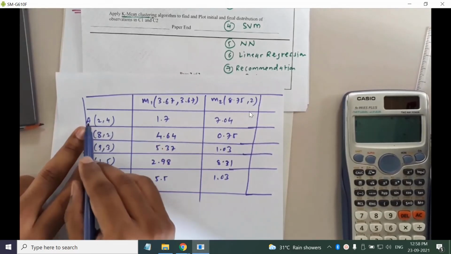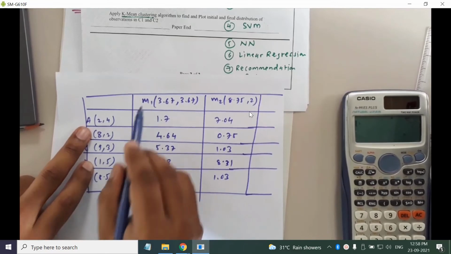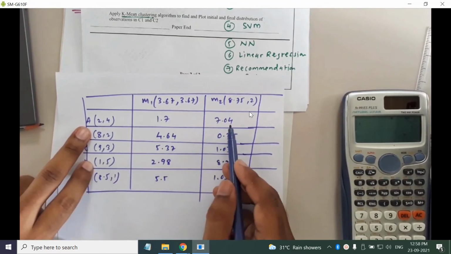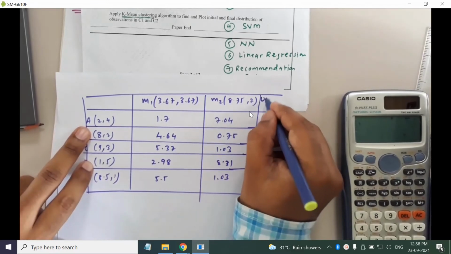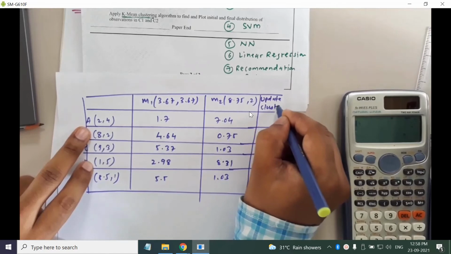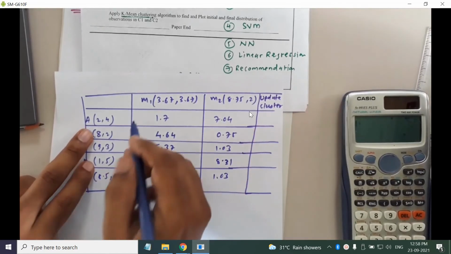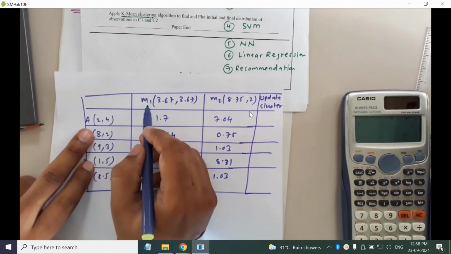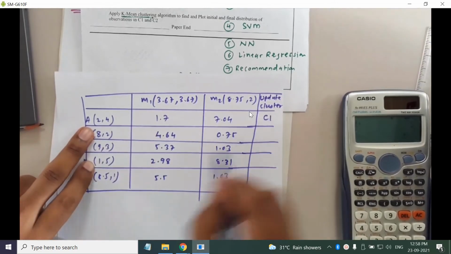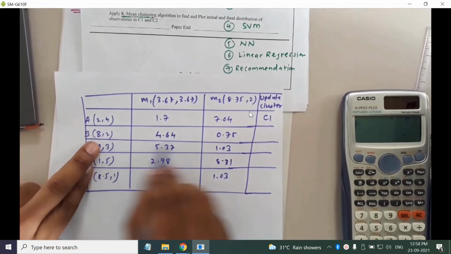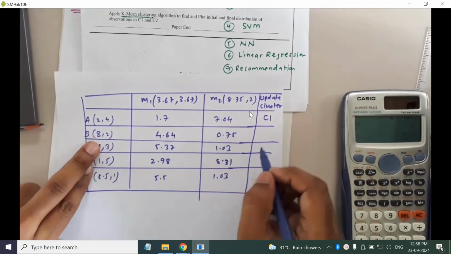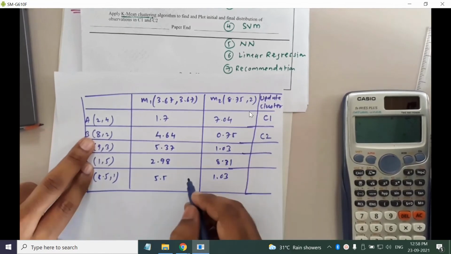So clearly A is much closer to the M1 cluster as compared to M2, since its other value is higher. So we will update the cluster. M1 represents the centroid of cluster 1, so now A should belong to C1. Now the smaller value here is this one, 0.75, so B should belong to C2.